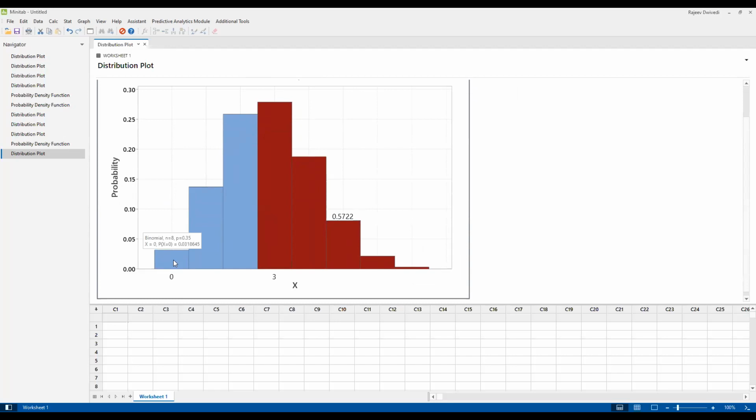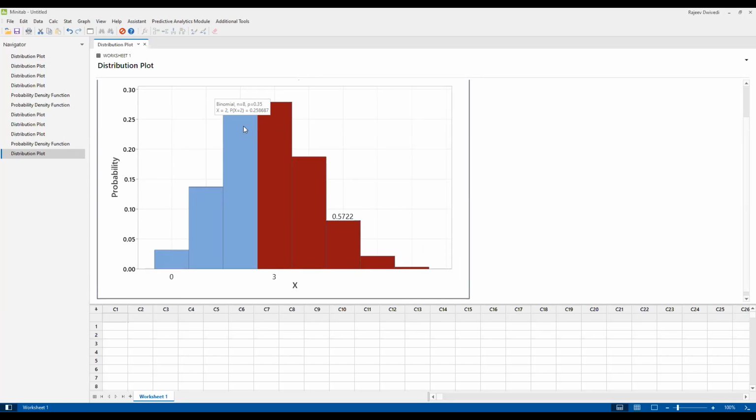If you can see my cursor, if I select 8 students, the probability that no one will be female is 0.03. So my question was, what is the probability that if I select 8 from my class, exactly 2 will be female?